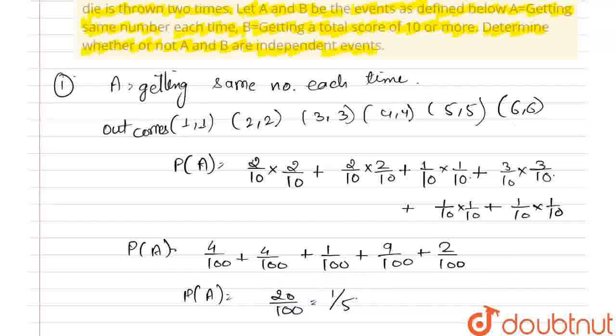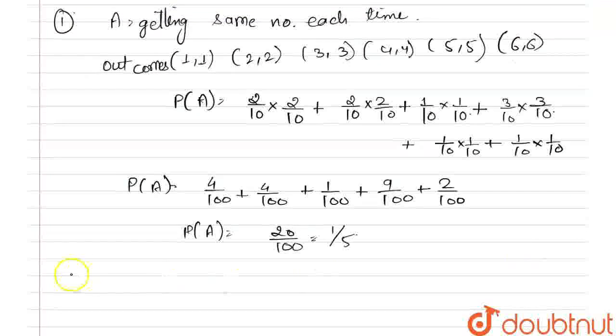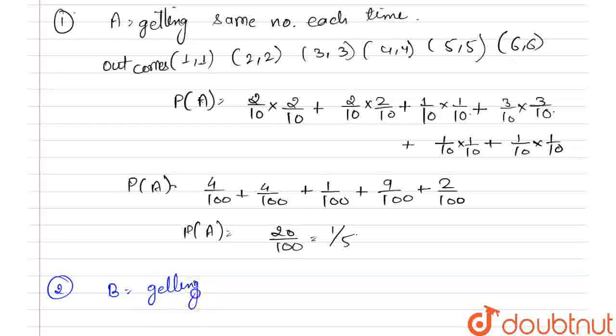Now we have to find probability of B, where B is getting a total score of 10 or more.